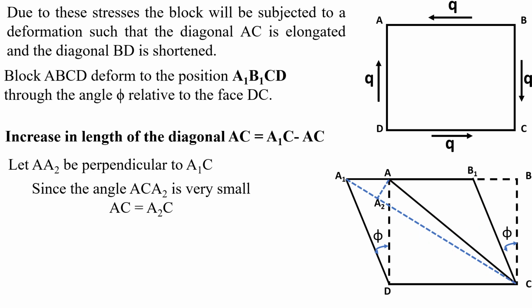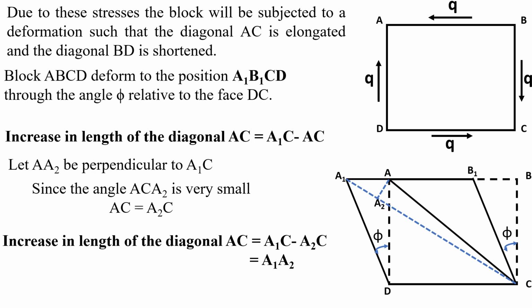Then we can write that the length AC is equal to A2C. Now we substitute this value in the increase in length of the diagonal AC, that is A1C minus AC, which becomes A1C minus A2C, which is equal to A1A2.